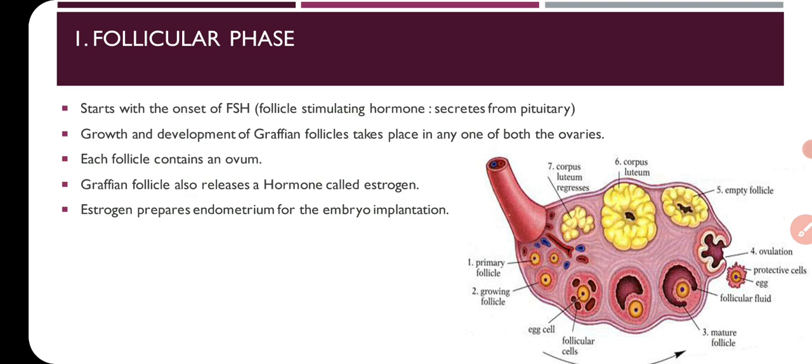That hormone is also known as female sex hormone and is responsible for the secondary sexual characters in the female body. The release of estrogen is very important. As the estrogen is released, it stimulates the endometrium of the uterus for embryo implantation, and this phase is called the follicular phase, in which the follicles become mature, and inside the follicle the egg or ovum also develops and becomes mature.